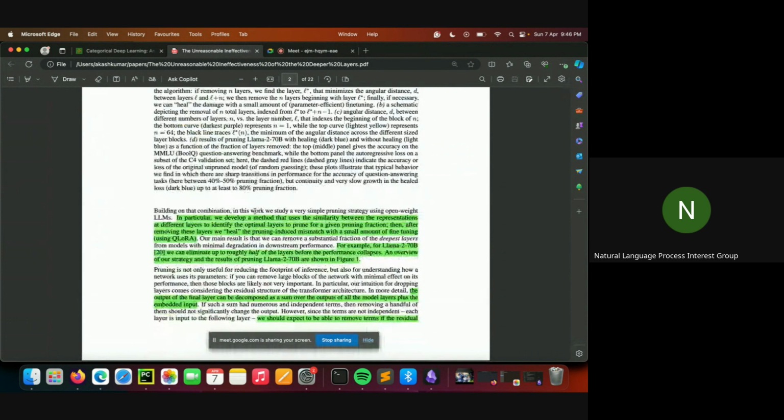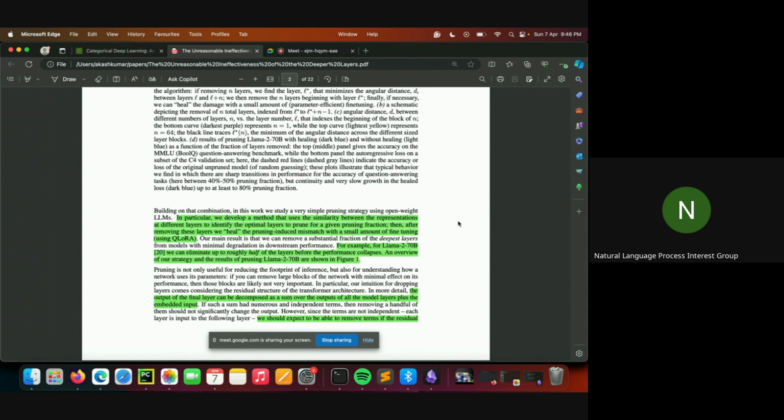So the methodology in this paper is that they develop a method to find similarity between representations at different layers to identify the optimal layers to prune. A very naive approach would be, let's say we have 20 layers and we just remove the first five of them, or the last five.